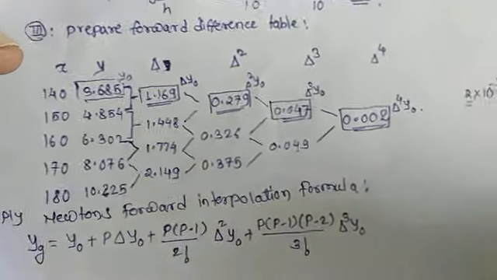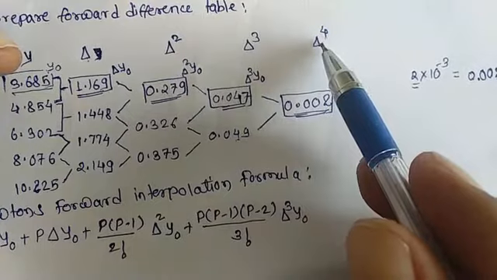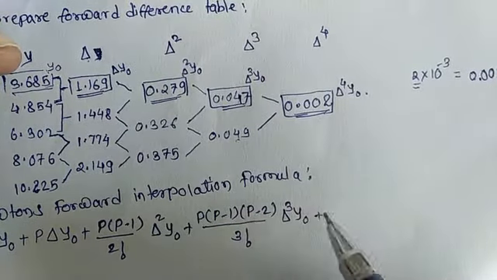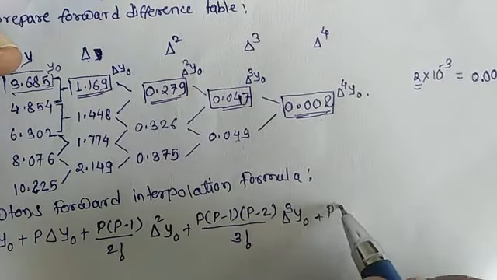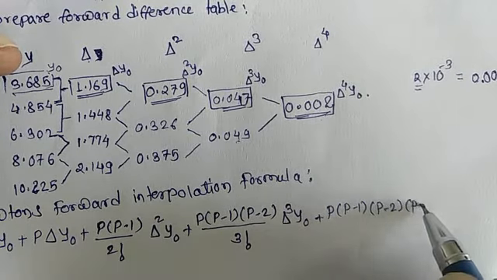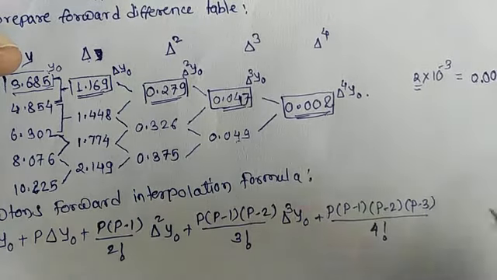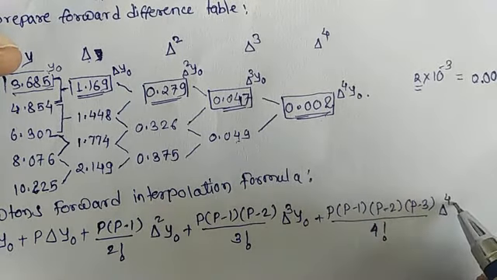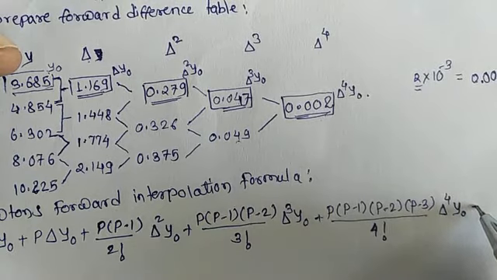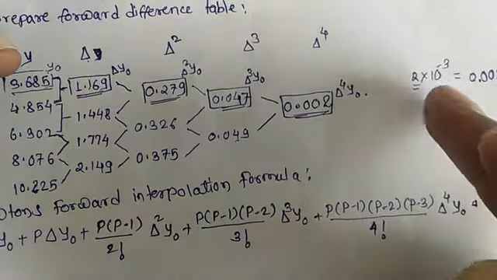Here in the last column the value is 0.002 in del raised to 4. So we will write the formula up to del raised to 4 only. p into (p minus 1) into (p minus 2) into (p minus 3) divided by 4 factorial into del raised to 4 y0. It is not necessary to write the next term because they are considered as 0.